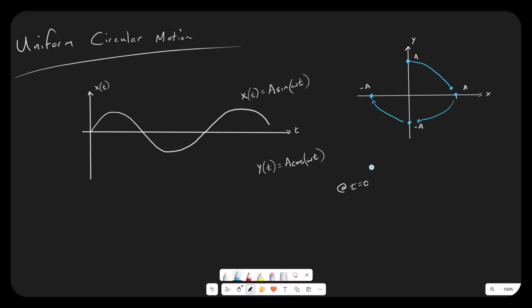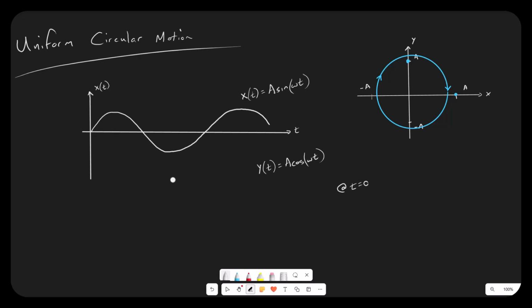So what I end up with is circular motion. Now that might mean something to you, and it might not. The point being, when we have uniform circular motion, we can express that uniform circular motion in terms of waves.